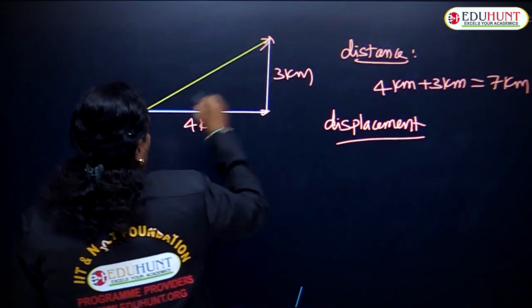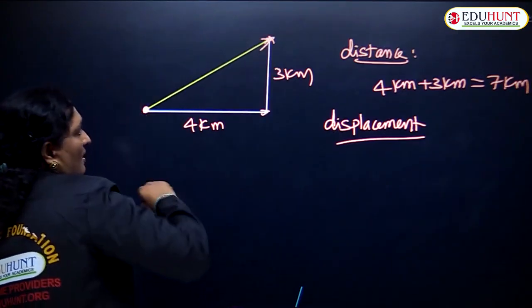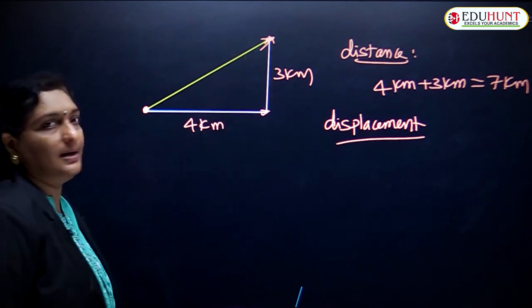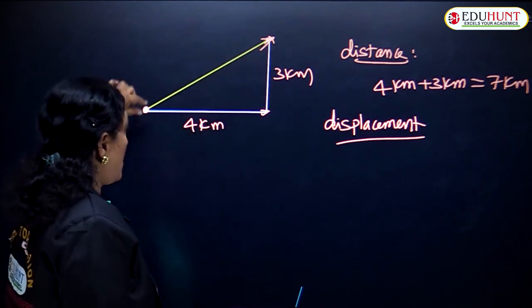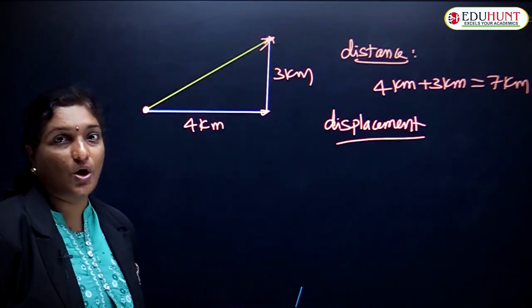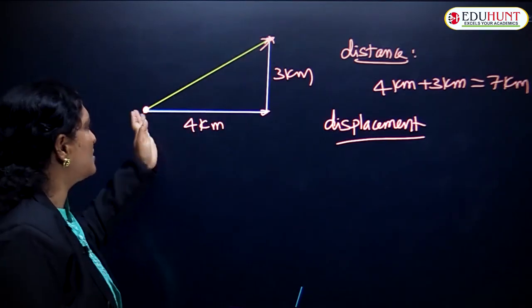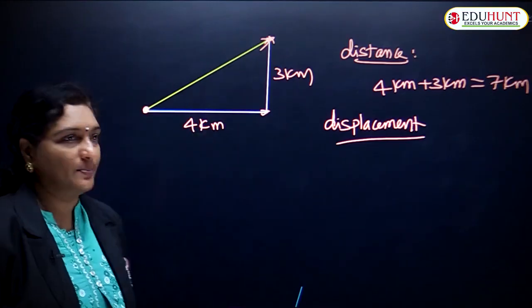Okay, children, this is your initial position and this is your final position. Among all possible lengths, this is the shortest length joining initial to final position. The shortest length from initial position to final position is called your displacement.